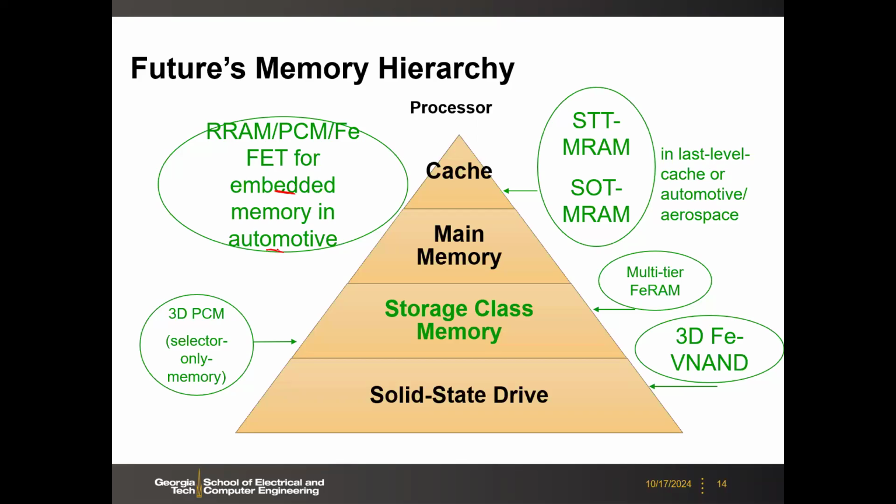Besides Infineon, there's NXP, TI, and all kinds of companies, and from Japan, Renesas and others. ST-Microelectronics has a phase change memory. All those automotive and microcontroller makers are using those emerging memories right now. The market is, of course, not as large as NVIDIA and AMD, but still a sizable market.